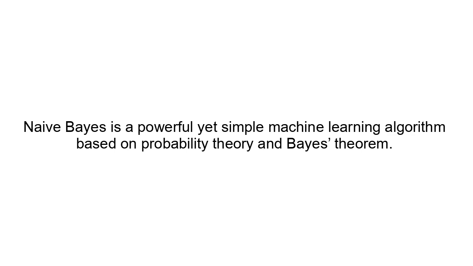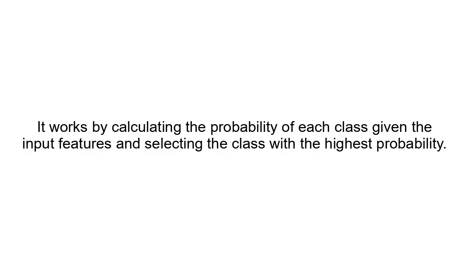Simple definition. Naive Bayes: a machine learning classification algorithm that uses Bayes' theorem and probability calculations to predict the most likely class. Final summary. Naive Bayes is a powerful yet simple machine learning algorithm based on probability theory and Bayes' theorem.